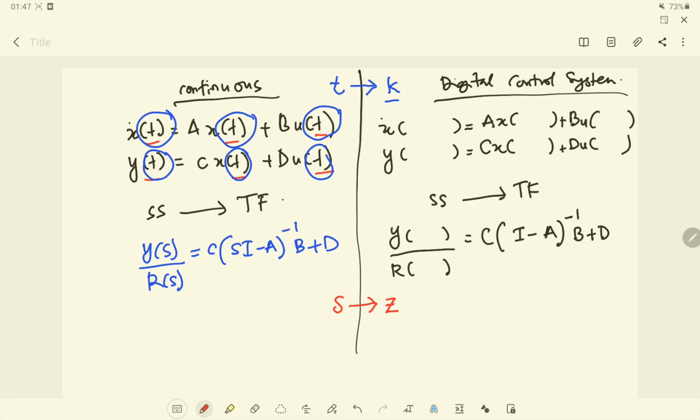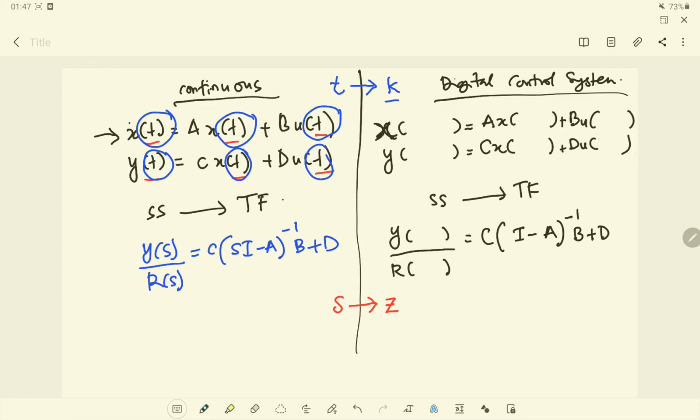One mistake here: it's not x dot, it's just x. Different from the continuous form, which has x dot t, in the digital control system here it is x only.